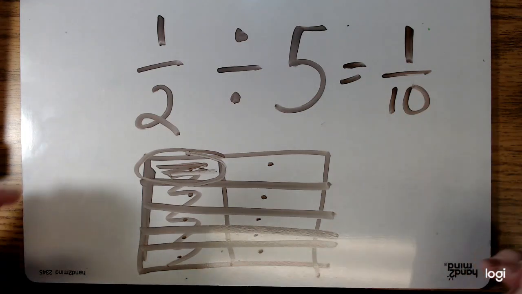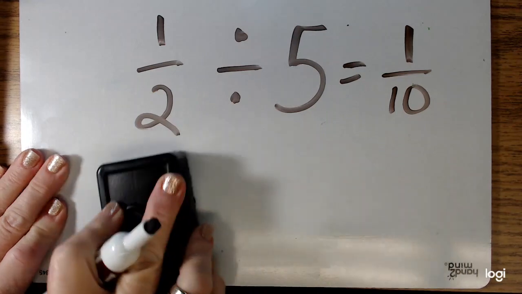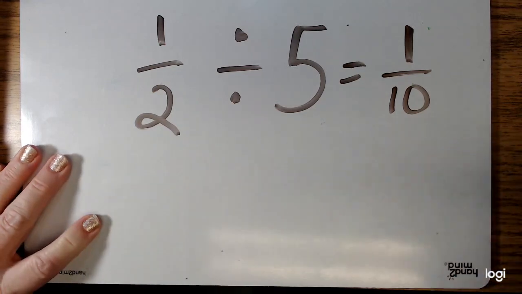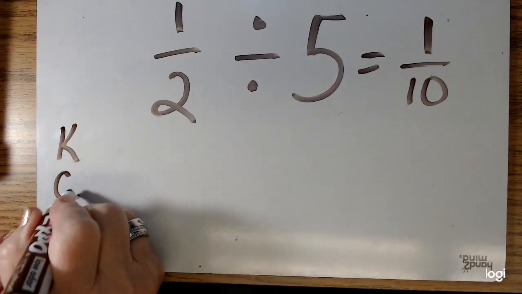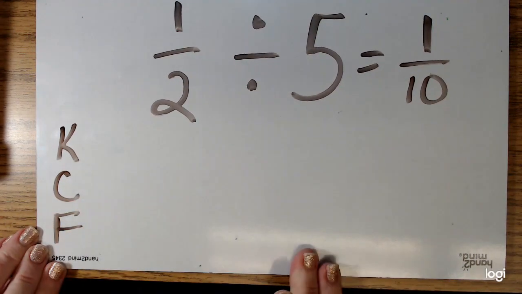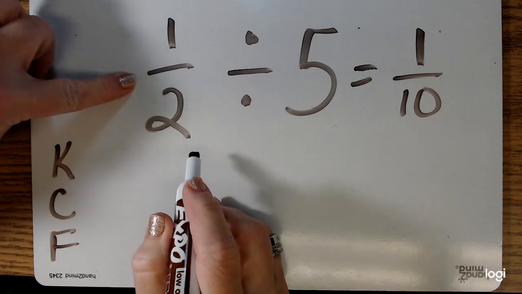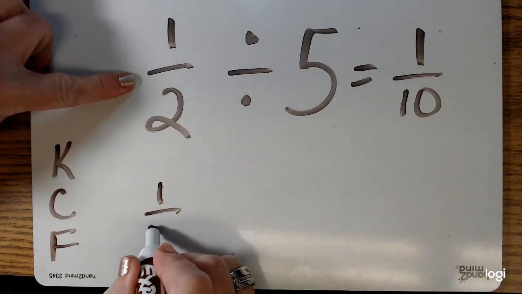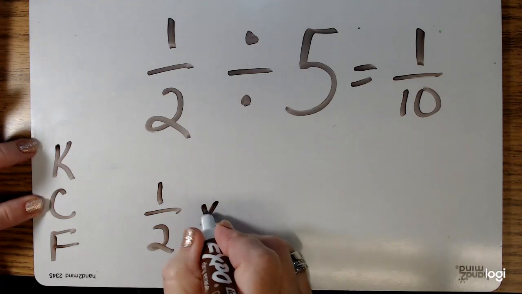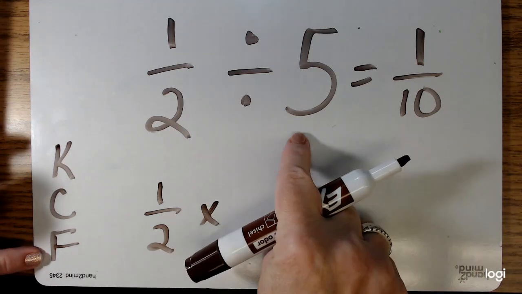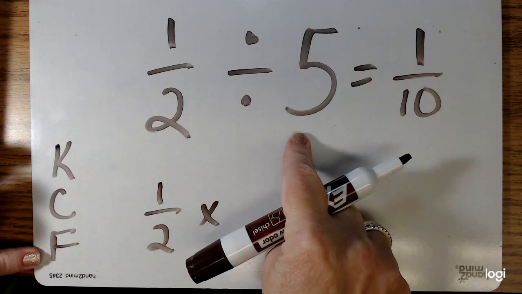Now the other thing we talked about is we could also solve this problem by doing what we call keep, change, and flip. Our first thing we had to do is keep the 1/2. We had to change the division to a multiplication problem. And we had to flip the 5. Well, how do you flip 5?